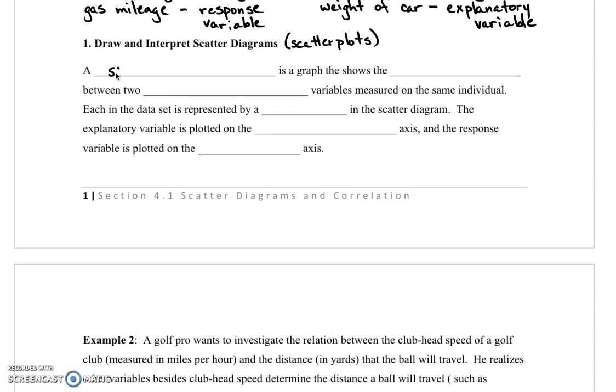So, a scatter plot or scatter diagram is a graph that shows the relationship between two quantitative variables. Remember, quantitative are the ones dealing with numbers that are measured on the same individual.